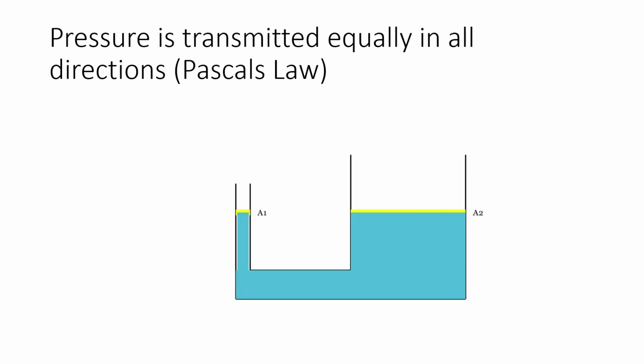So this is a small video that is showing that. So you are applying a pressure, so that pressure is transmitted equally in all directions. So that means P is equal to F1 by A1. This will be equal to F2 by A2. So this is the principle used in hydraulic jacks.